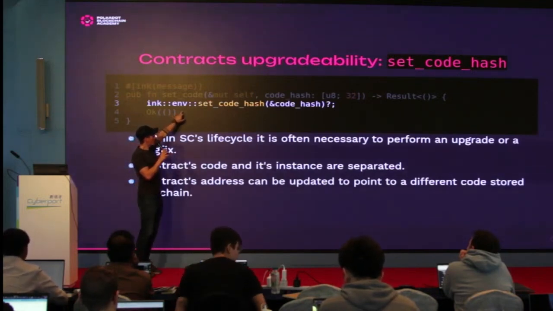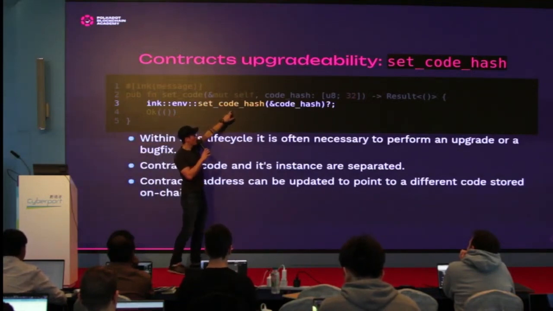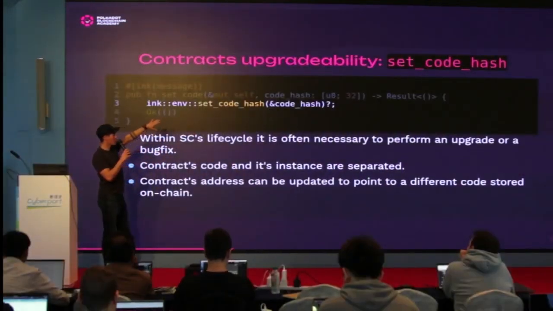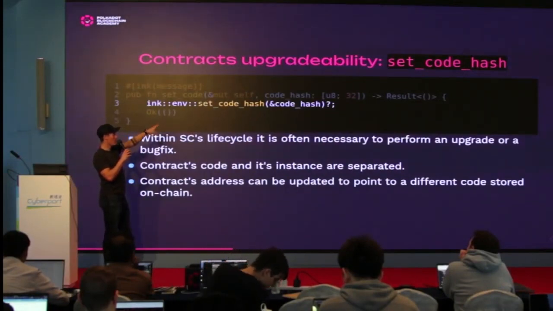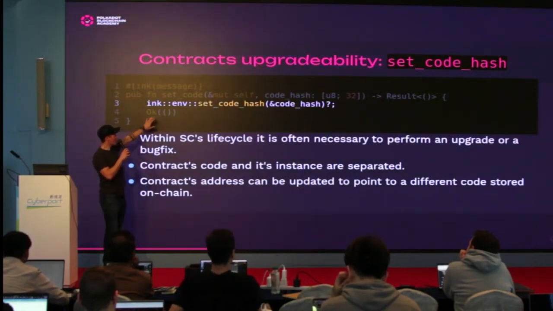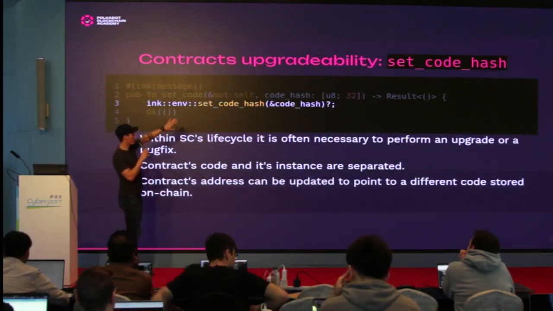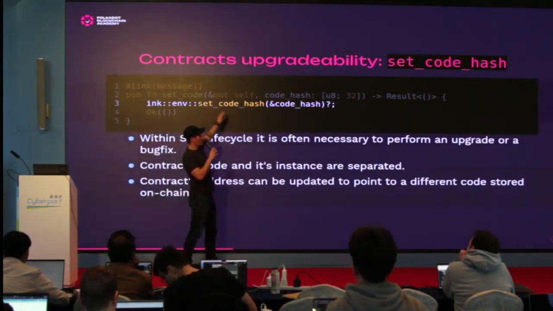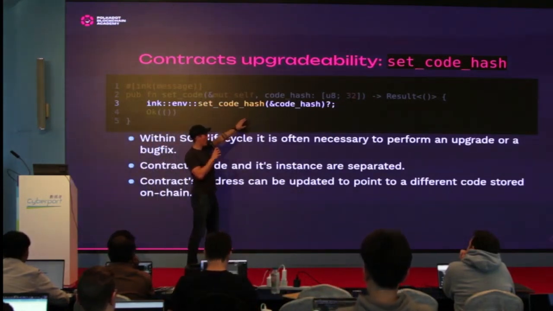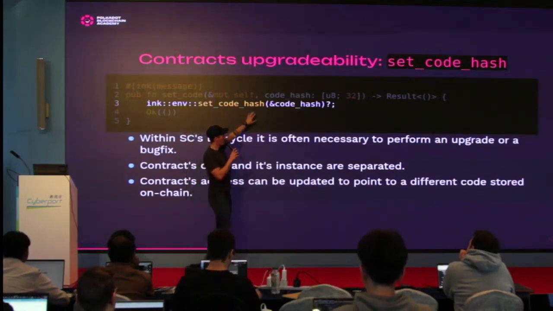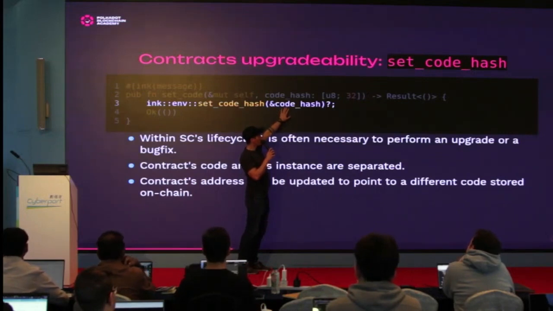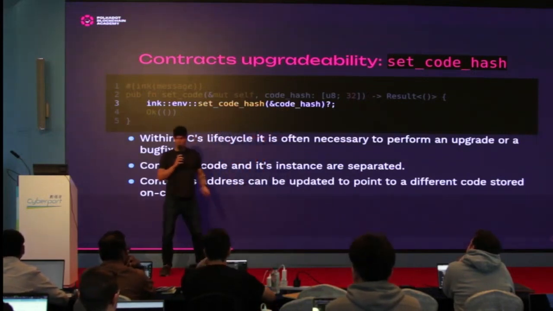Using that opcode, we change what the smart contract's address points to, so we basically update the whole smart contract logic. This can fail, or this can result in a success. Just about the only way for this to fail is if there's no storage cell occupying that code hash.